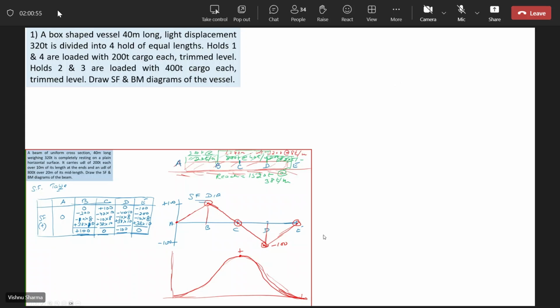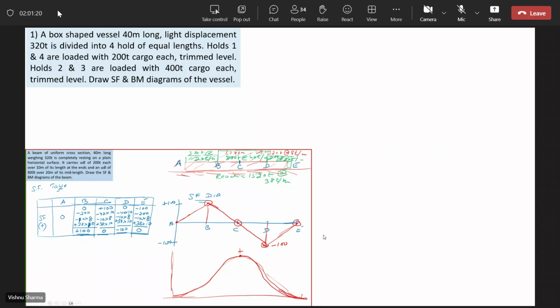Look at this question which has come up on top. A box-shaped vessel, 40-meter long, light displacement 320 tons, is divided into 4 holds of equal length. Hold 1 and 4 are loaded with 200 tons of cargo, trimmed level, and 2 and 3 are loaded with 400 tons of cargo each, trimmed level.